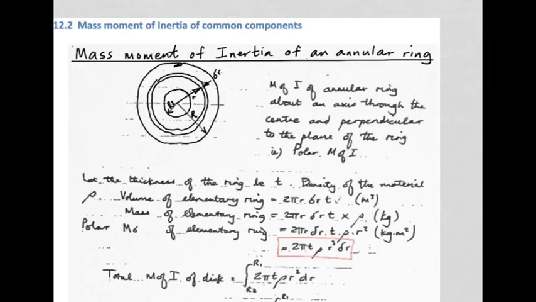Now remember, we get to integration at this point because we're going to add up lots and lots, millions of little elementary rings. So the total mass moment of inertia of the disk would be all of the above, 2 pi t rho r cubed del r.